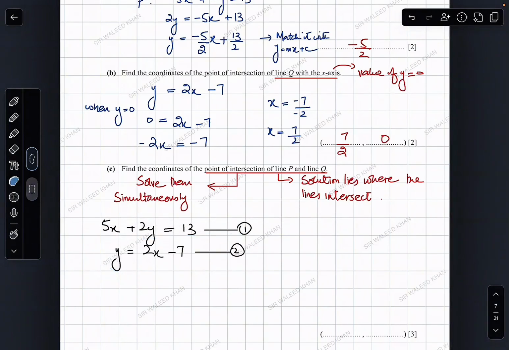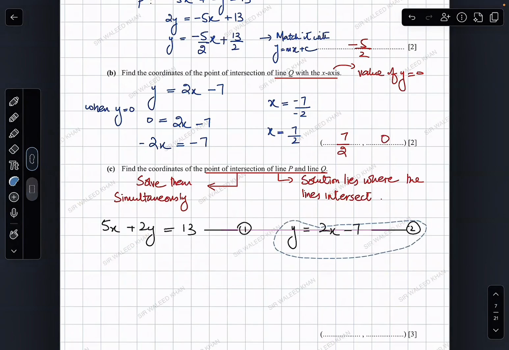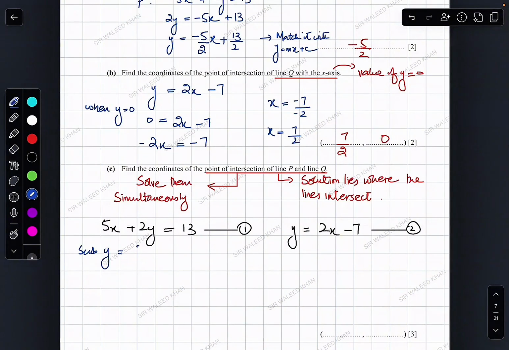Why? Because you can see that y is already made the subject. If y is already made the subject, rather than wasting time on rearranging the equation, it's better to just replace this y with that. Okay? So I can say substitute y is equal to 2x minus 7 into equation 1.